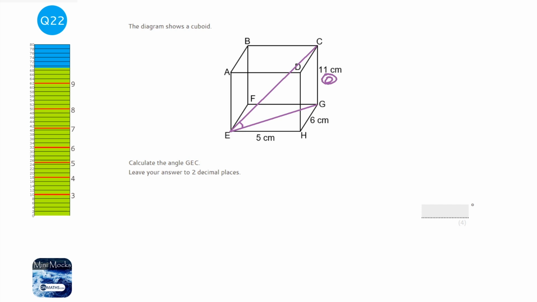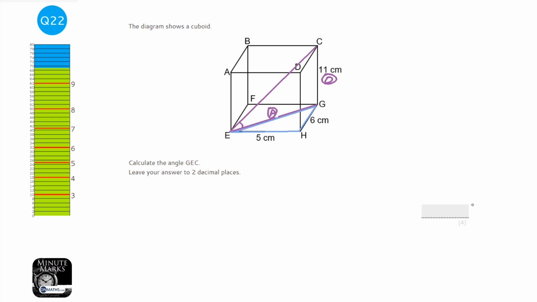Now the hypotenuse is not something we can easily find, so that's probably not the one we're going to be looking for. But the adjacent at the bottom, if you have a look at the bottom, the adjacent here could be quite easy to find, because if you have a look at the right angled triangle here, we have two of the lengths.